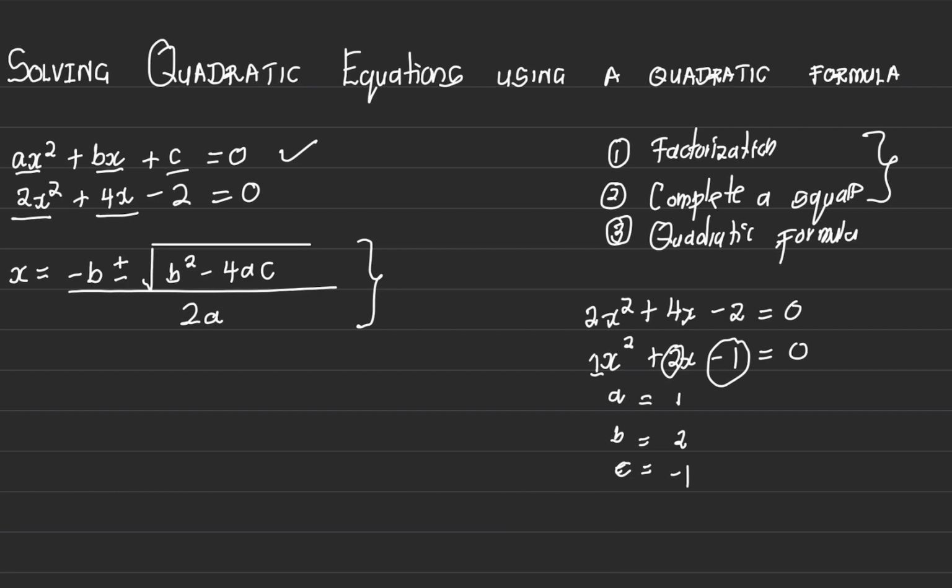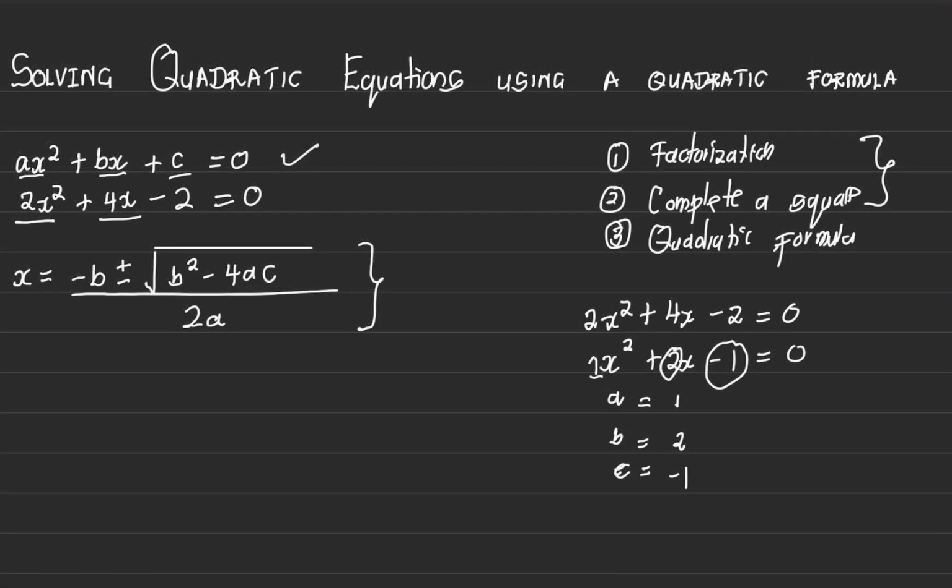Then you can substitute these values into your formula. Where you see a, you replace that a by 1. Where you see b, you replace that b by 2. And where you see c, you replace it by negative 1. So without any waste of time, let's solve this equation using the quadratic formula.